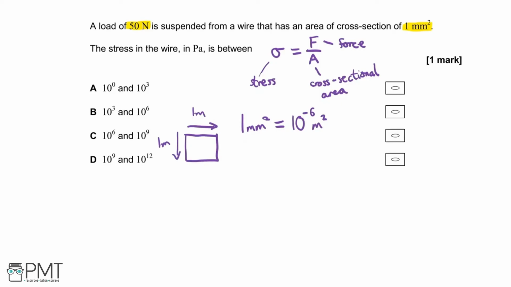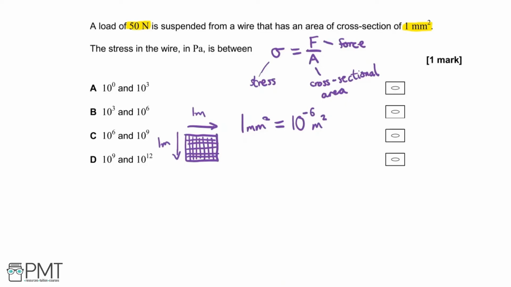So if you break this grid down further, in columns of width a millimeter, there will be 1,000 of those columns, and then if you do the same the other way, in rows of height 1 millimeter, there would be 1,000 that way. So over the entire meter squared, if you counted up all of the millimeter squared squares, there would be 1,000,000 of them. So a millimeter squared is a millionth of a meter squared.